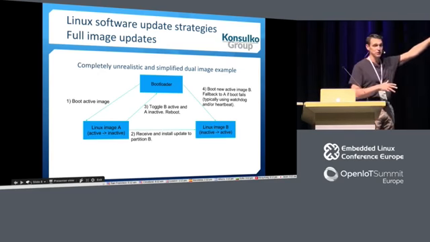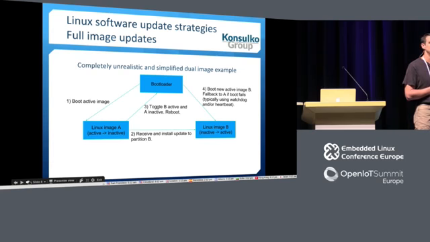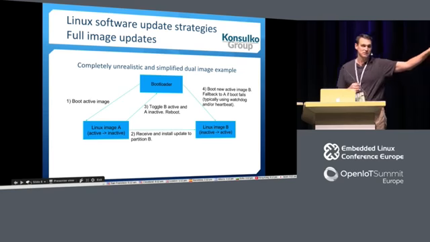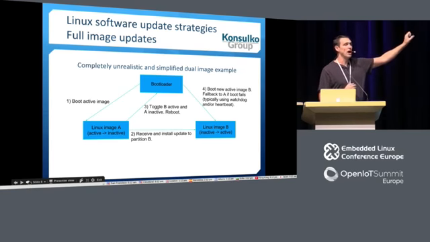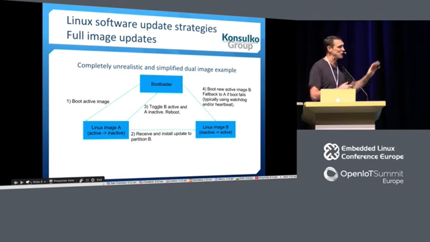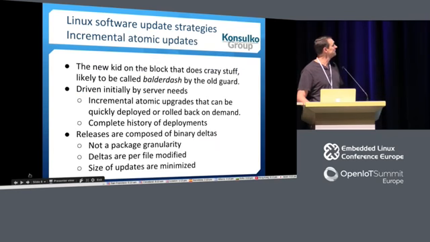And so when you boot up, you boot into the new active image B. Image A becomes inactive, and typically you'll have some fallback mechanism, whether it's a watchdog or a heartbeat that will test for booting. There's some features in U-Boot. It's kind of implementation details, but that's the general approach there.